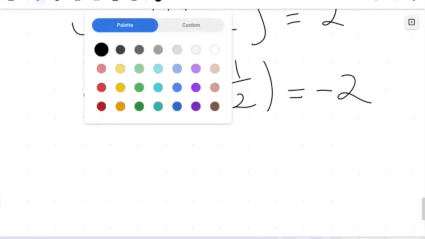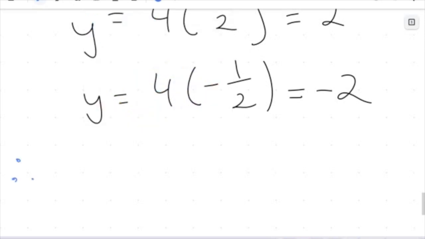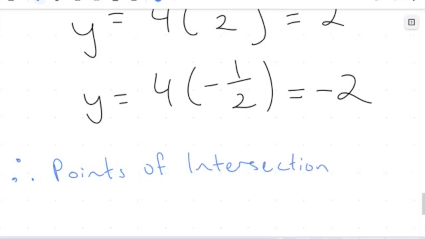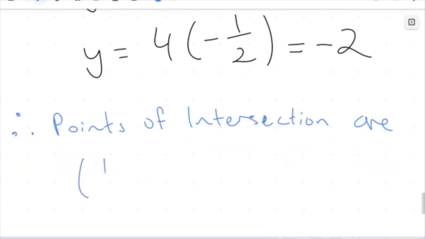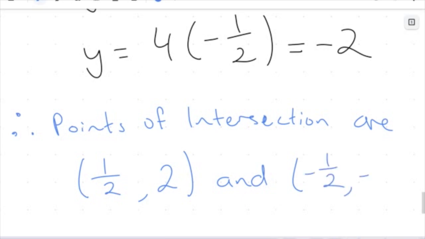So I have 2 points of intersection. Therefore, my points of intersection are, one of those is positive 1/2, 2. And my other one is negative 1/2, negative 2. And there we go. We're doing it like we've solved all of our other previous simultaneous equations. Whether they're linear or non-linear, we can do them by substitution in the same way.